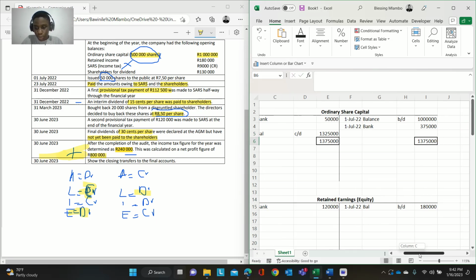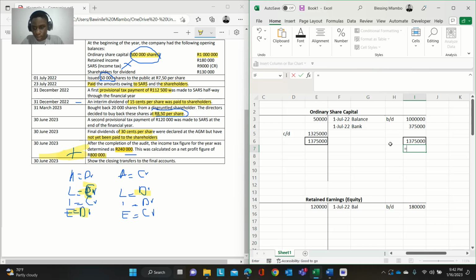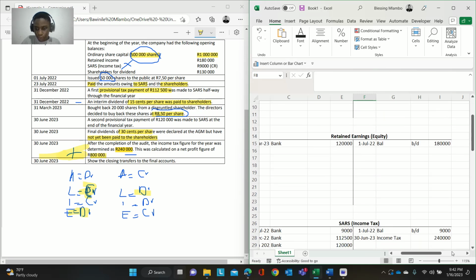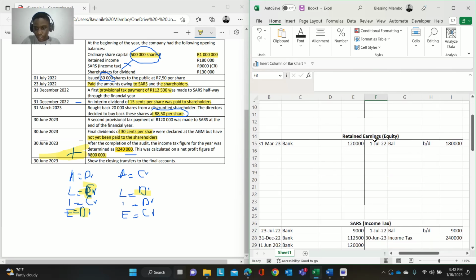This is when we're closing off the account, and this balance is going to be the opening balance, or balance brought down, the following year. So this is 1st of July 2023. So we're done. We closed off the ordinary share capital, or we balanced it off, and then we have retained earnings.